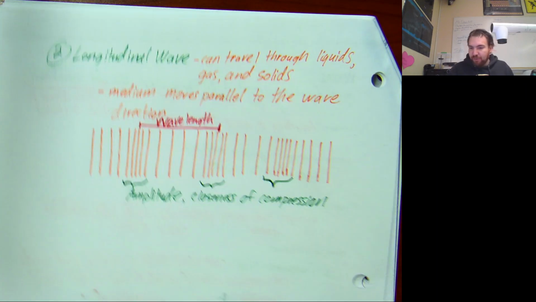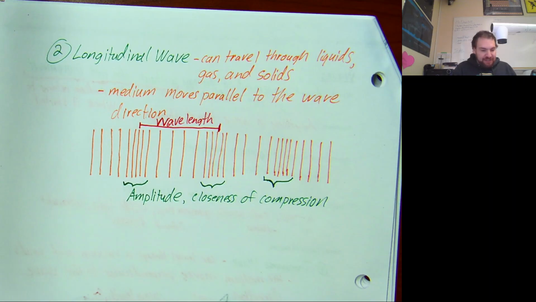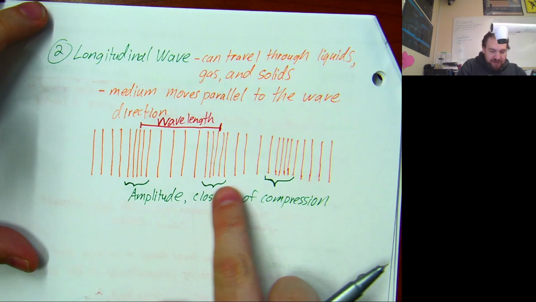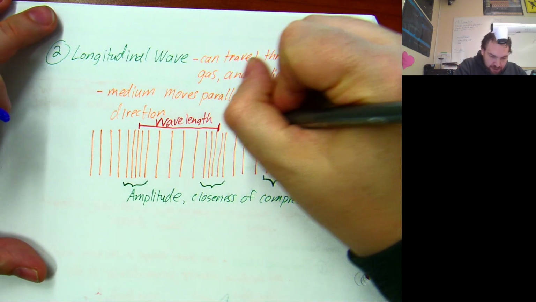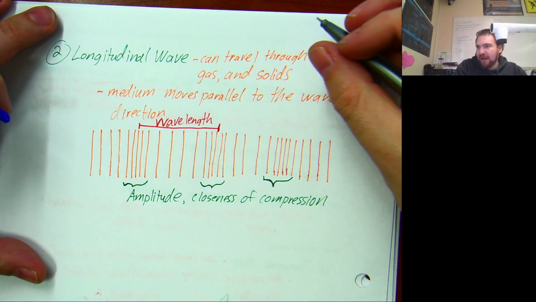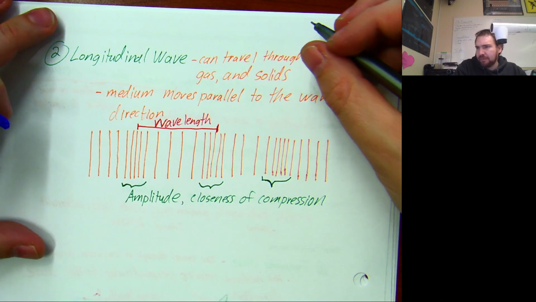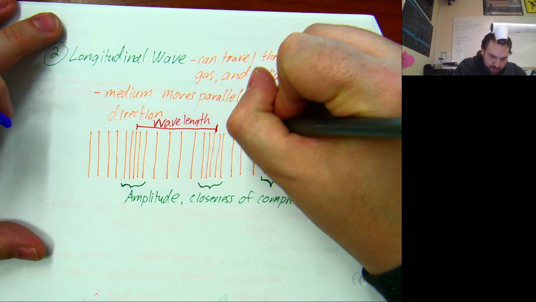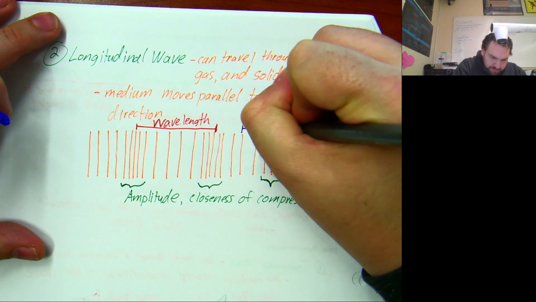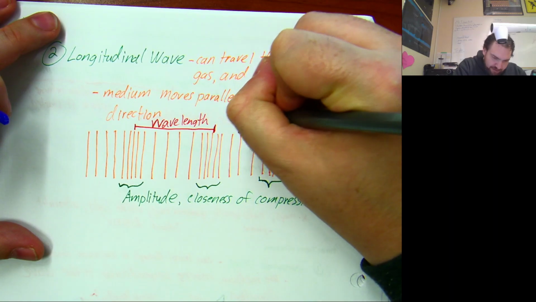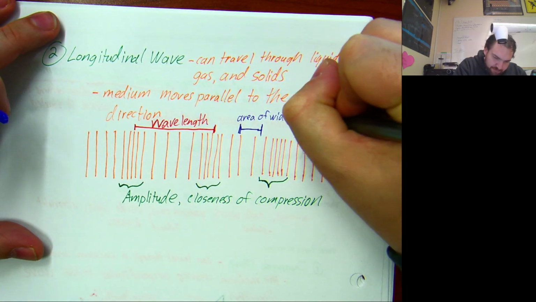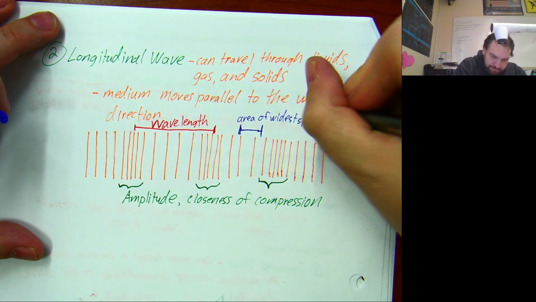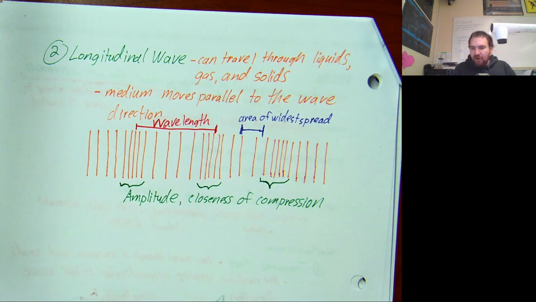I had wavelength, amplitude. There's a little bit more we're going to add here. This piece right here, we've already talked about how these are a compression. In the part where these things spread out, like over here where they are the most spread apart, the area of widest spread, we give that a name. We call that a rarefaction.